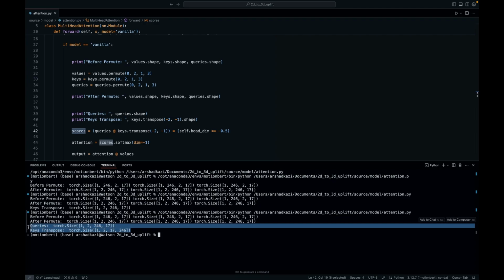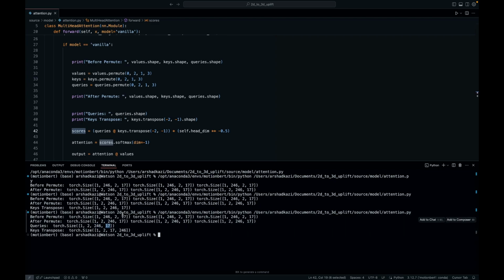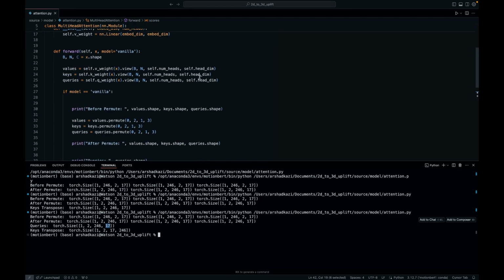I won't go into too much detail on this matrix multiplication because that is yet another video that I can make. But what I understand is, it is 246 by 17, that is the length, versus the head dimension, and we are combining each head dimension with the contextual length, that is the 246.